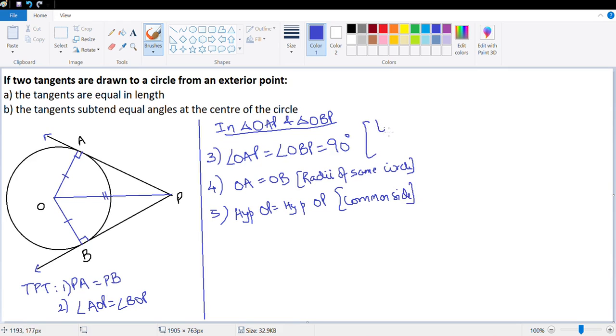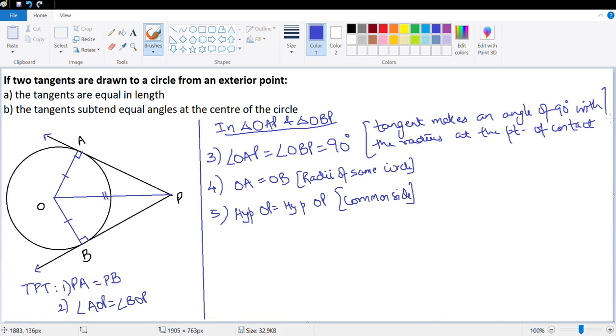We haven't written the reason for the first one. The reason would be a tangent makes an angle of 90 degrees with the radius at the point of contact. In this case, the point of contact is A. Perfect.